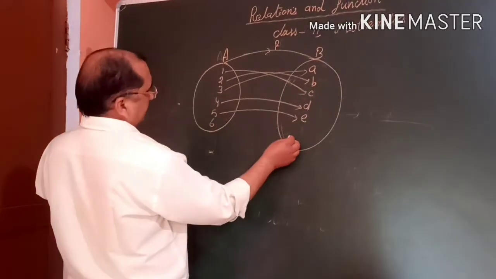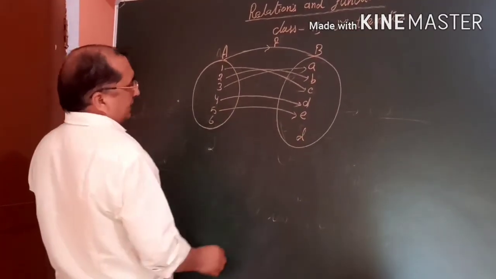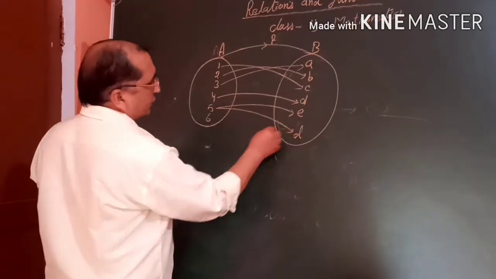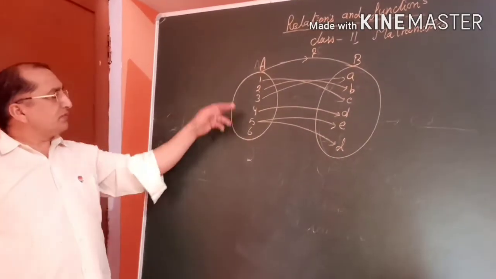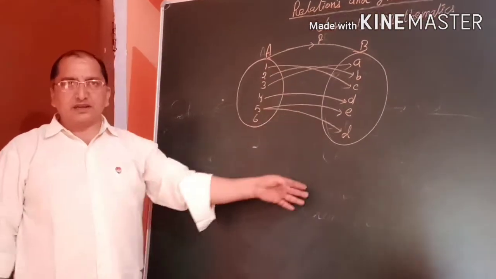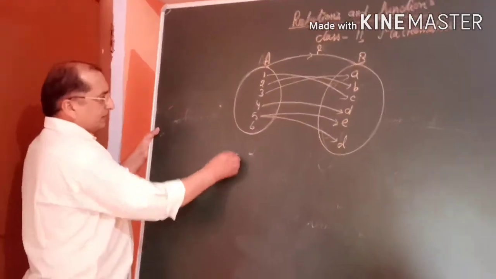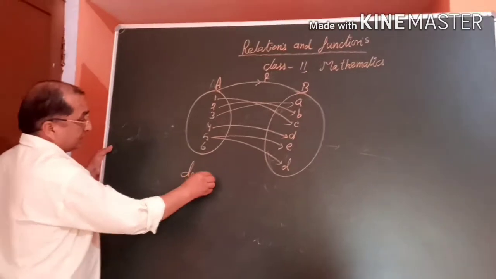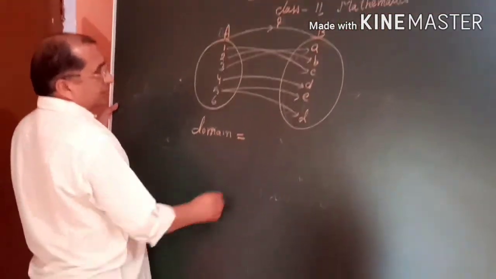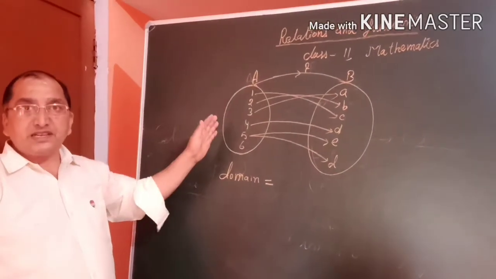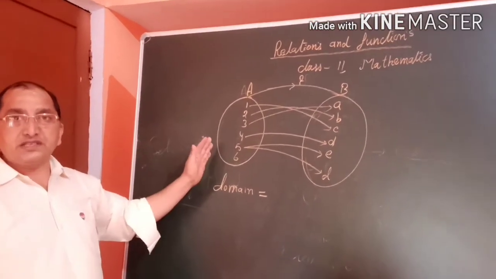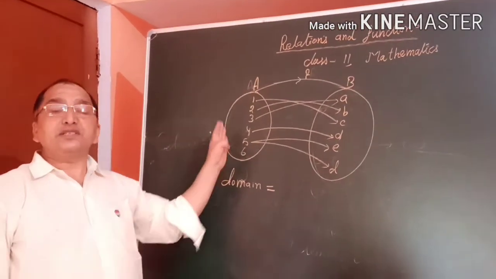and these other elements also, 5 is also related to D. No problem. This type of relation is possible because one element can be related to others also. It means domain. Domain means the elements of the first set that are related to the second set.